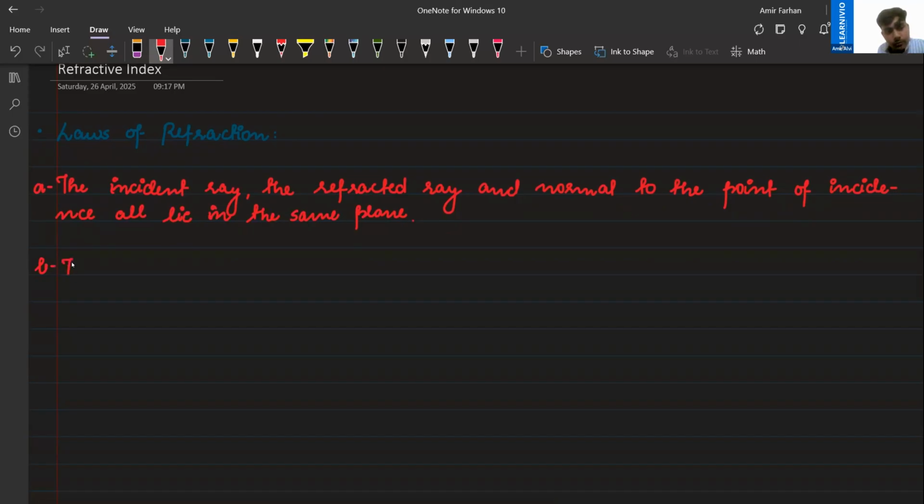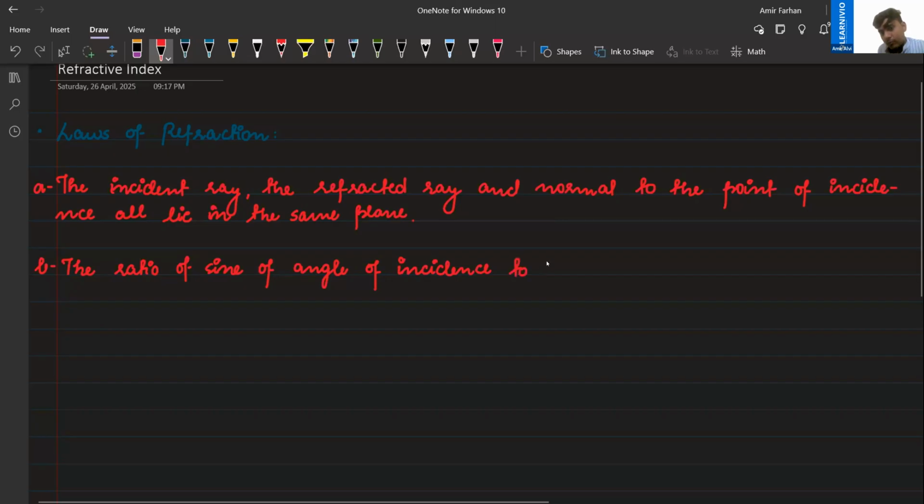Next is the ratio of sine of the angle of incidence to sine of the angle of refraction. So what is after ratio of? Sine, sine.